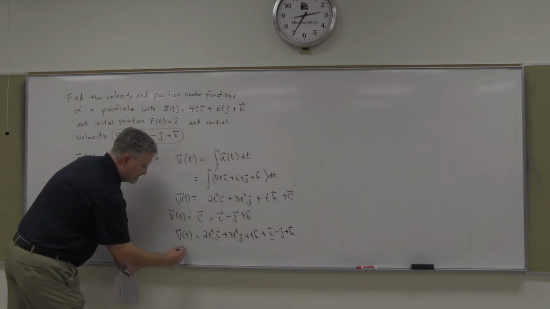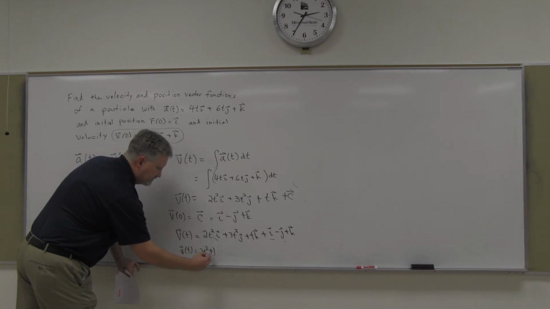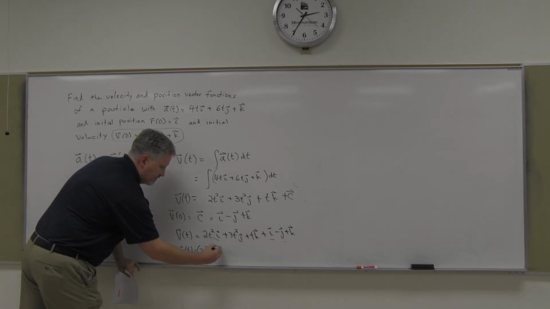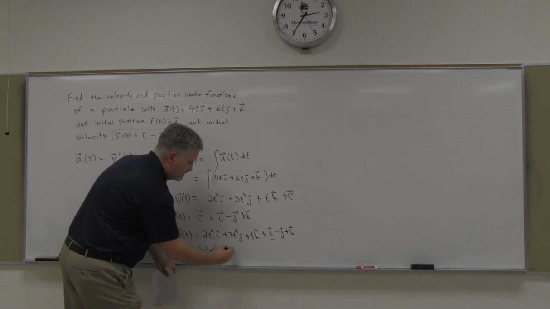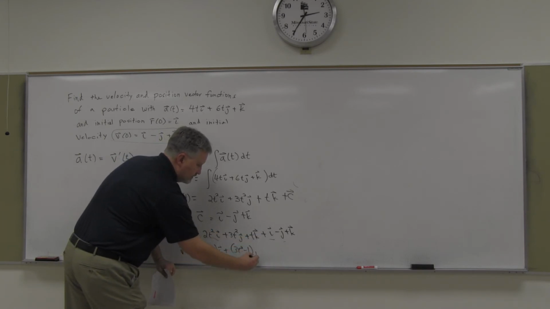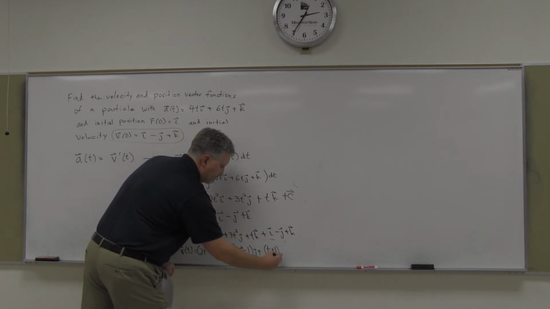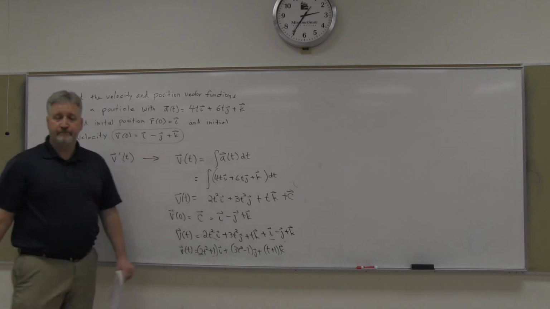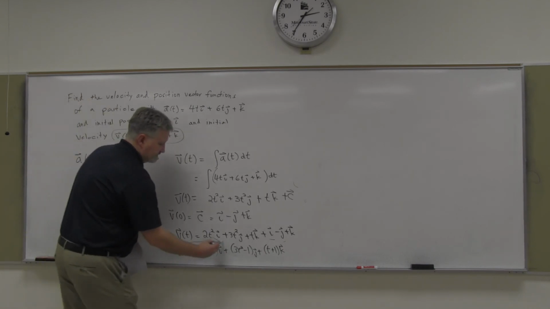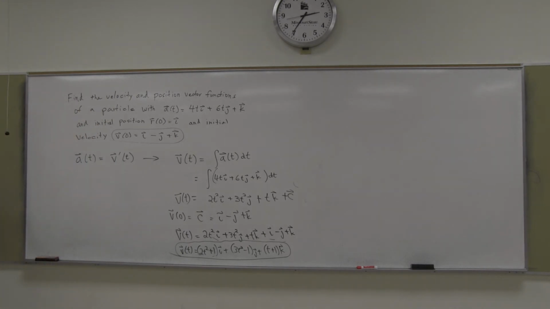So v of t would be 2t squared plus 1, that would be the i part. And then the j part would be 3t squared minus 1. And the k part would be t plus 1. Okay? So that's our v of t. So that's the first part.